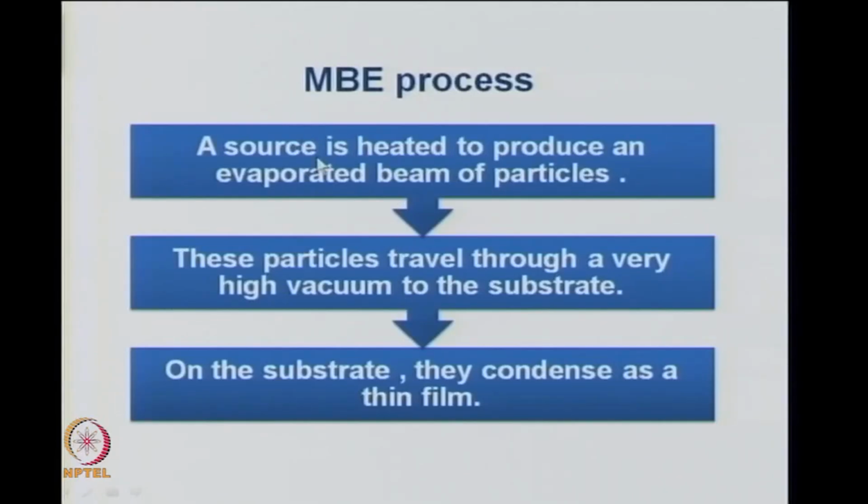You have a source again to produce an evaporated beam of particles. These particles travel through a chamber in which very few gas molecules are there. That means the chamber is in high vacuum, and then these particles are directed towards the substrate, and on the substrate they condense as a thin film.